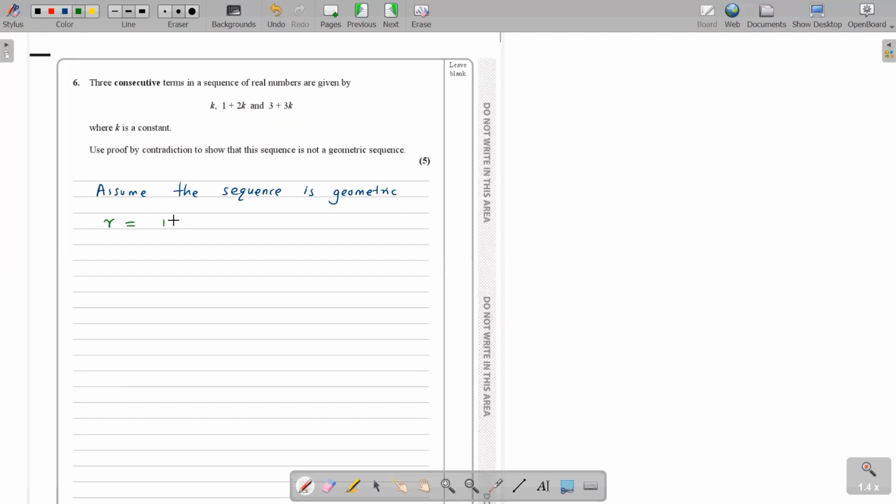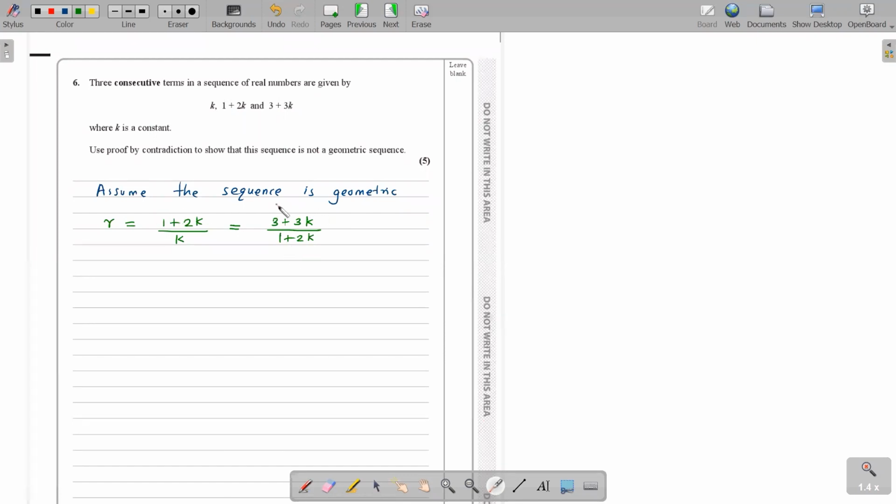You take the term 1 plus 2k and divide by the previous term, k, because these are consecutive terms. The r that you get from these first 2 terms must be the same as the one you get from the next 2, which is 3 plus 3k divided by 1 plus 2k, because when you divide by the previous term, you must get the common ratio.